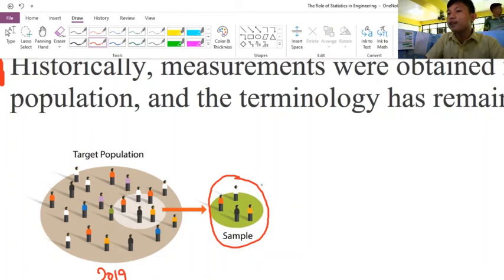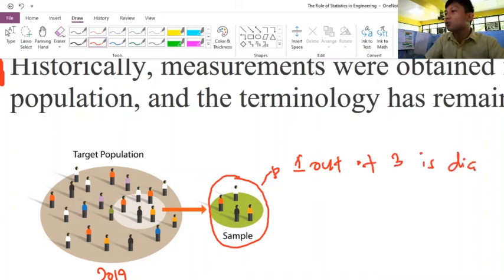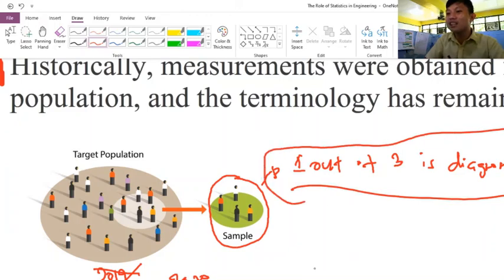So, year 2019 study, nalaman natin na 1 out of 3 is diagnosed engineer. Okay? So, kapag analytic study yan, by the year 2020, ganun pa rin yung iisipin natin. So, that's analytic study. Alright? So, that's the end of this video.